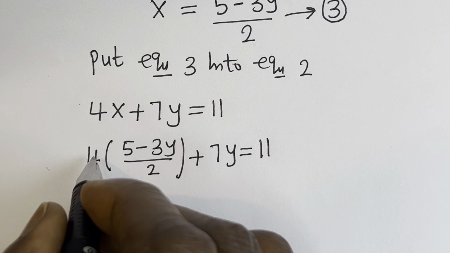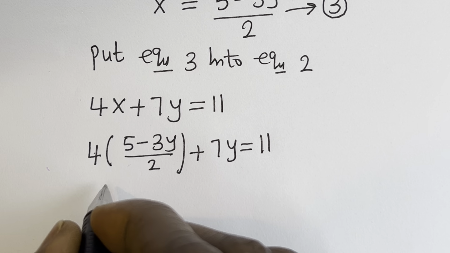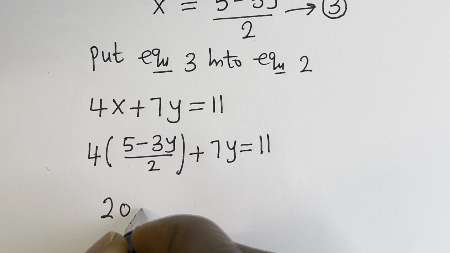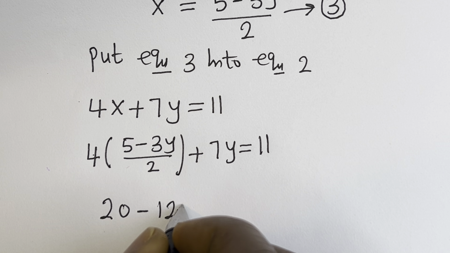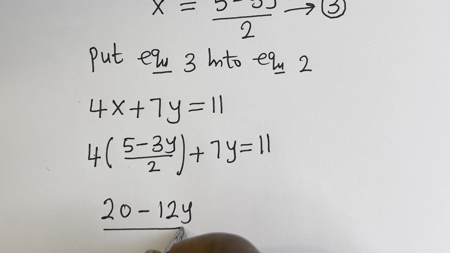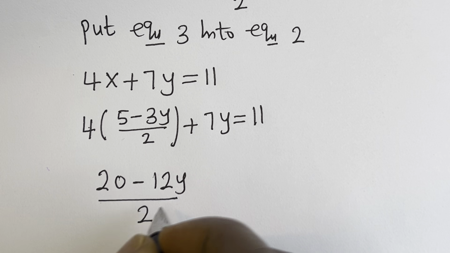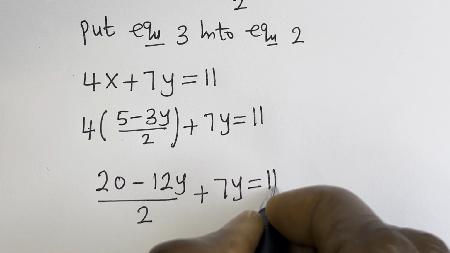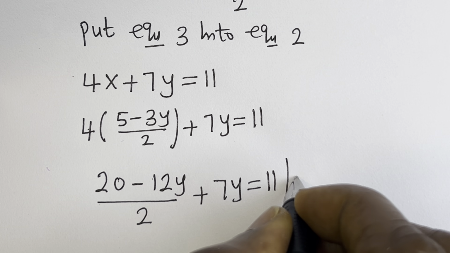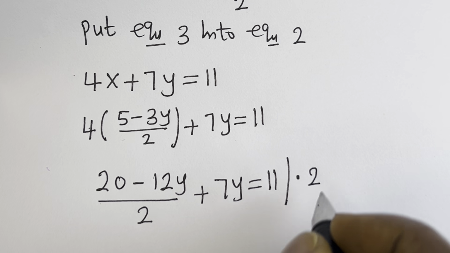Then here, if you open the bracket, 4 multiplied by 5, that is 20, minus 4 multiplied by 3y, that is 12y, everything over 2 plus 7y is equal to 11. Now let's multiply all through by 2.